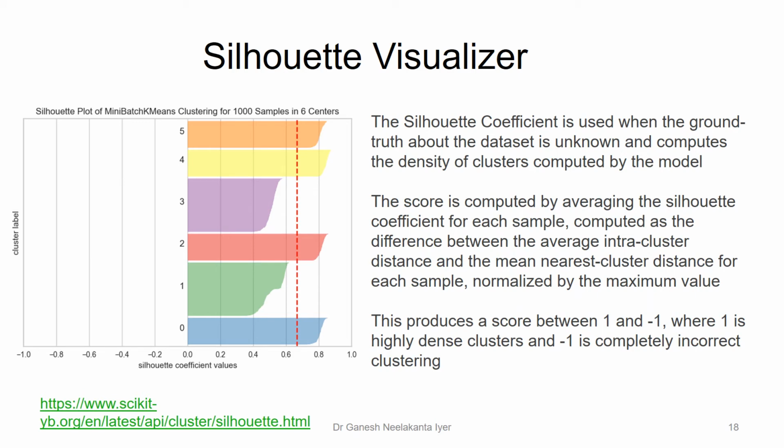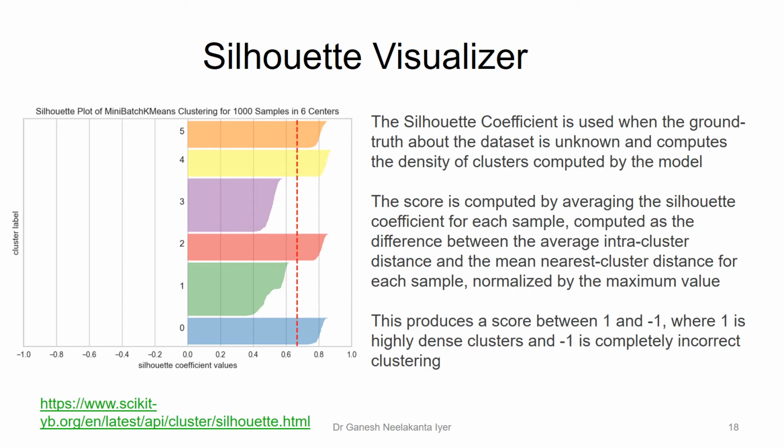There is also a plot called the Silhouette visualizer. The Silhouette coefficient is used when the ground truth about the dataset is unknown and computes the density of clusters computed by the model.